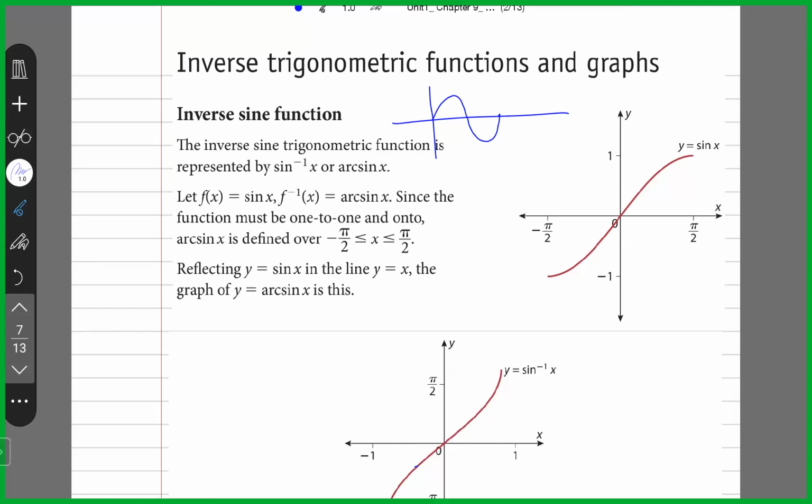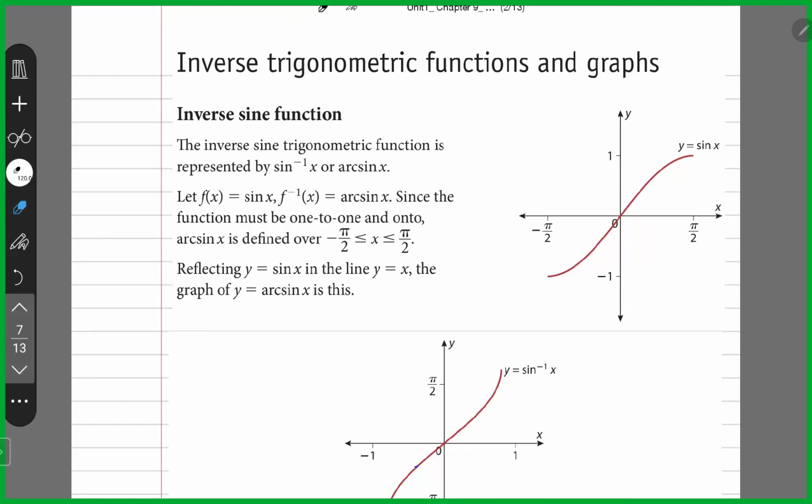So as a function, f of x equal to sine x is defined within a certain domain. And the domain is minus pi by 2 to positive pi by 2.